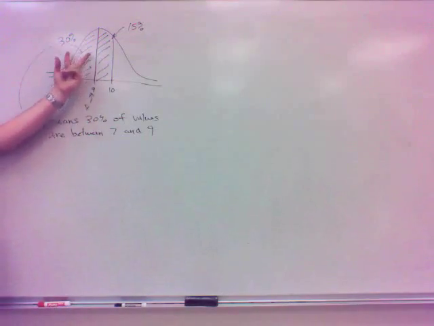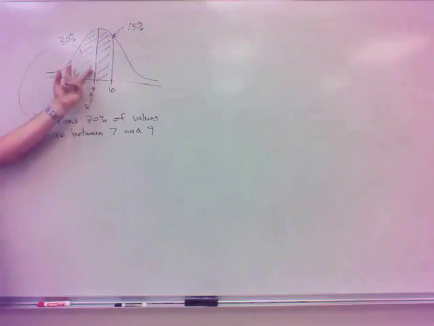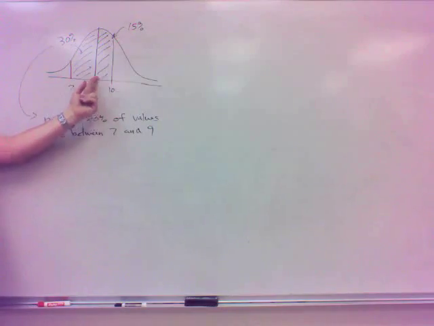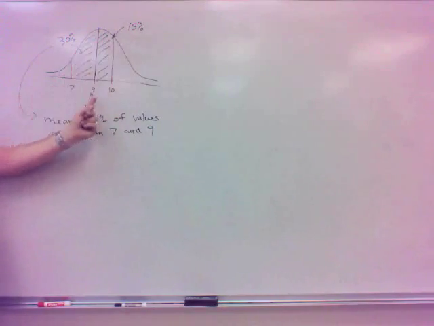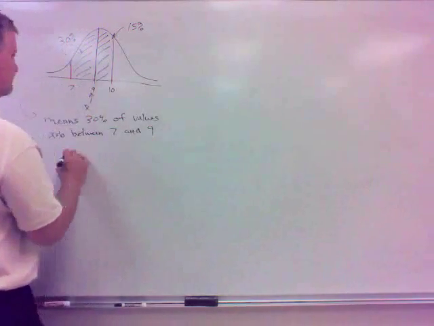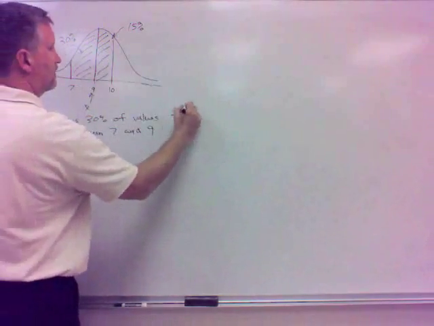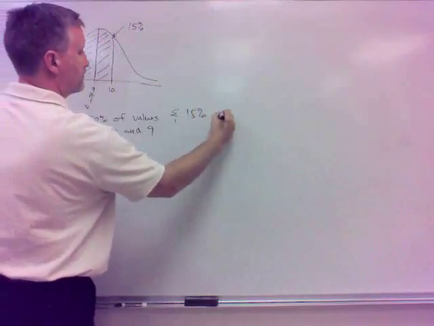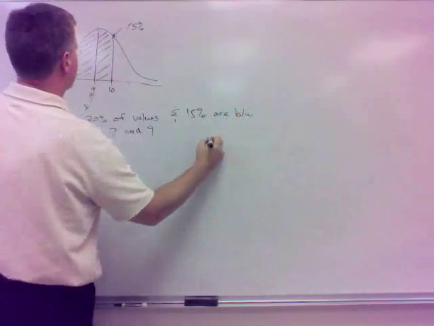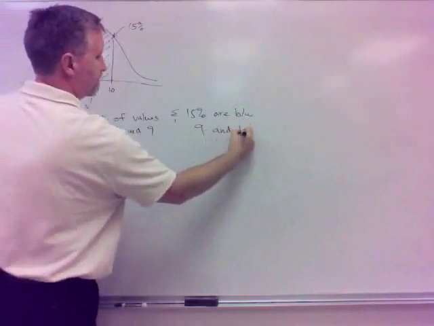But do you see what I'm saying here? Since this area here is 30%, 0.30, that means 30% of the values are between 7 and 9. And 15% are between 9 and 10. Okay?